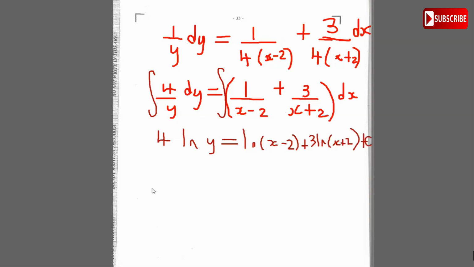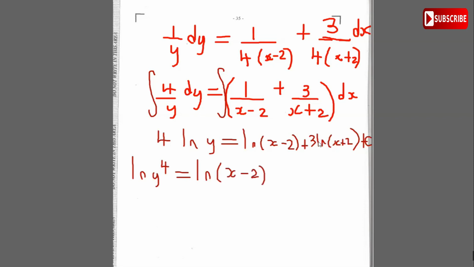But now look at this now. Instead of writing some constant c, I'm going to bring up the power of 4 and write this now as ln y to the 4 is equal to ln of x minus 2.